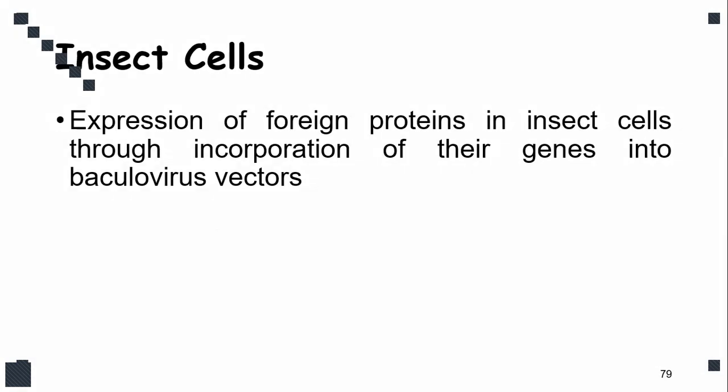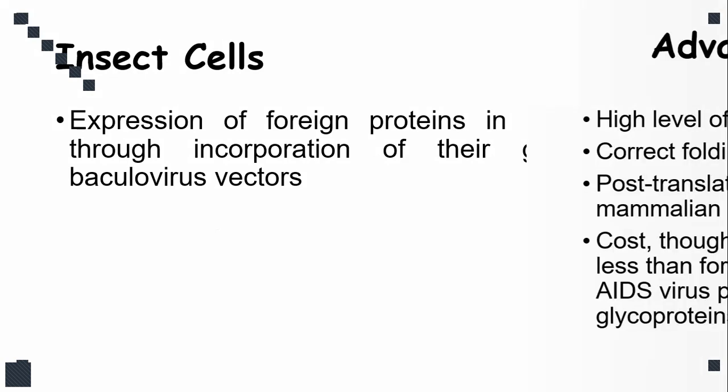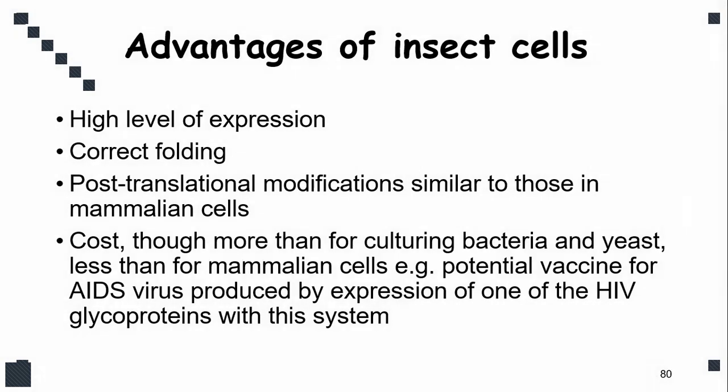Then the next is insect cell culture, which can be used as a host system. So foreign protein can be expressed in insect cells through incorporation of their genes in baculoviruses. What are the advantages?